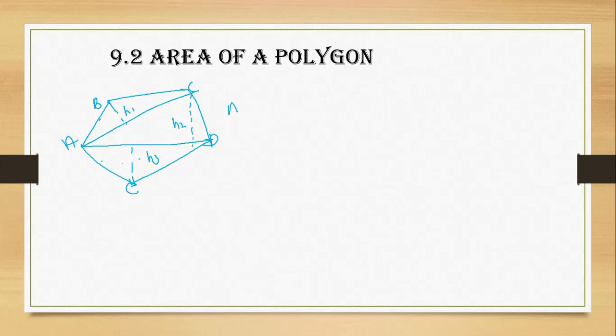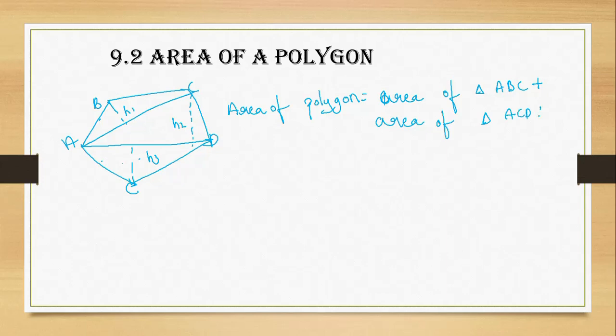Okay, so to find the area of this polygon, we want to find the area of triangle ABC plus area of triangle ACD plus area of triangle ADE.